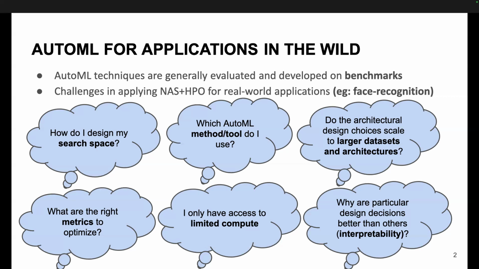Another one is, is there a systematic way to scale the architectural design choices and parameters that you come up with? For example, can you exploit larger compute to scale the architecture in a systematic way, or use larger data sets and exploit that to improve your models? This is something that also plays quite an important role.